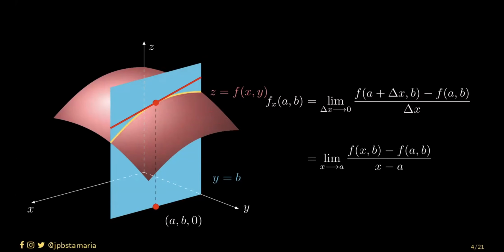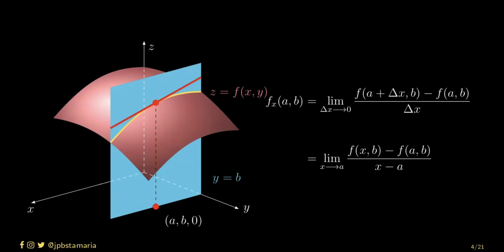Kasi yung y mo naka-fix na sa b, so kung gagalaw man si x, dito na lang siya gagalaw sa yellow. Naintindihan ninyo? So, ano yung partial derivative mo at the point AB? Kunwari, ito yung AB. Naka-fix naman sa b ang y, no? Ito yung point where the x-coordinate is a. That partial derivative is going to be the slope of the tangent line along the yellow curve.